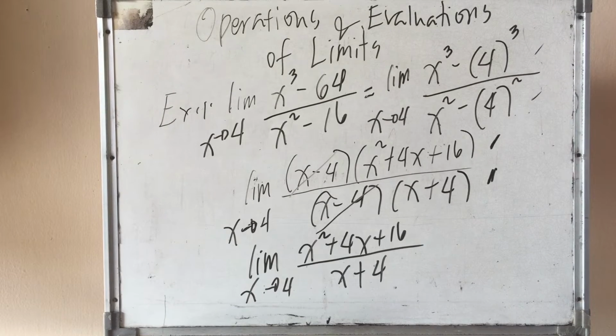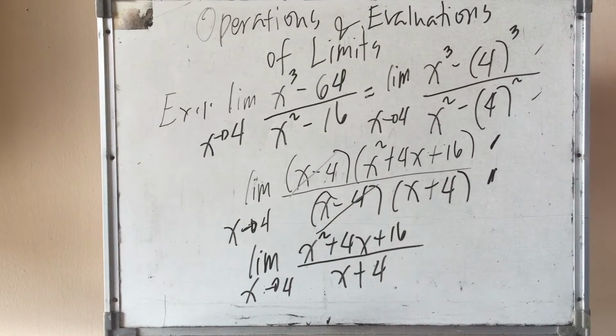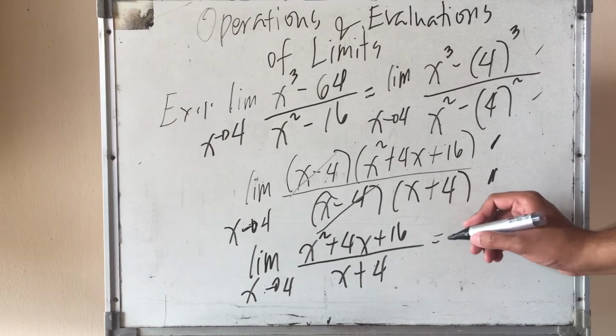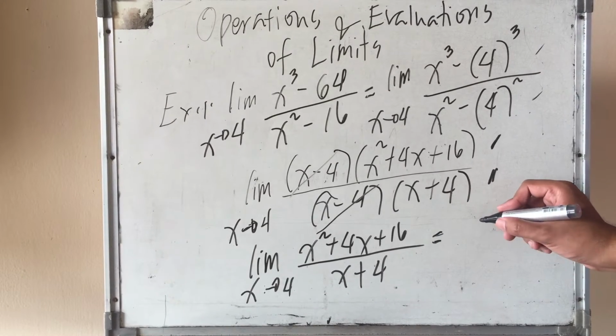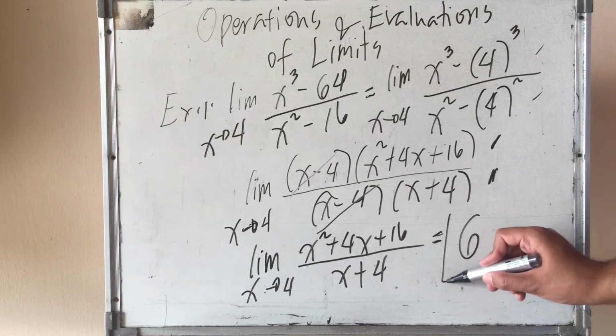So from here we can substitute x is equal to 4 in this equation. Upon substituting that, we will come up with an answer of 6. So therefore, the limit of x cubed minus 64 over x squared minus 16 as x approaches 4 is equal to 6. Answer.